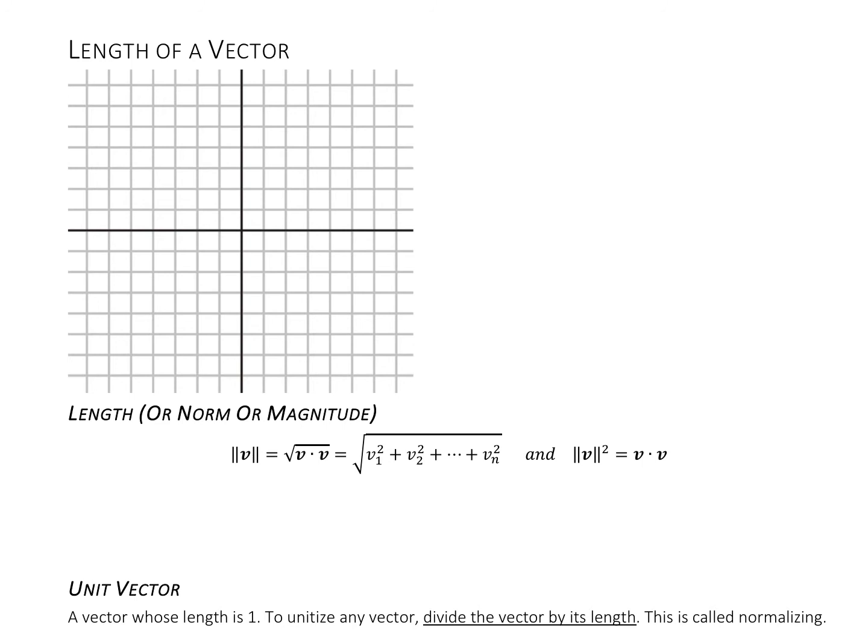Let's just pick some vectors. Let vector 1 be 3, 4. We'll let vector 2 be -1, -2, whatever.